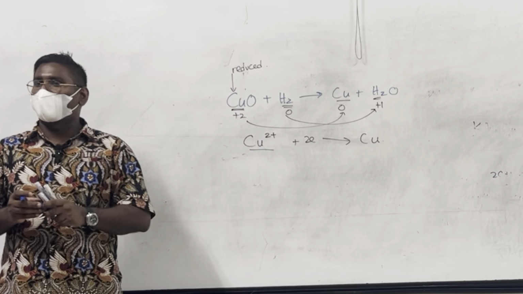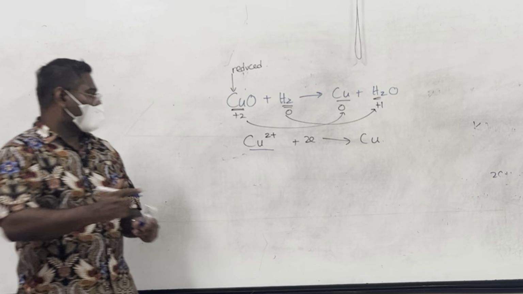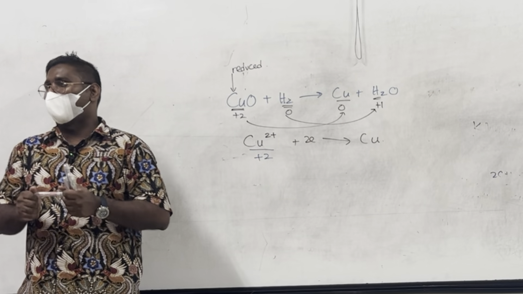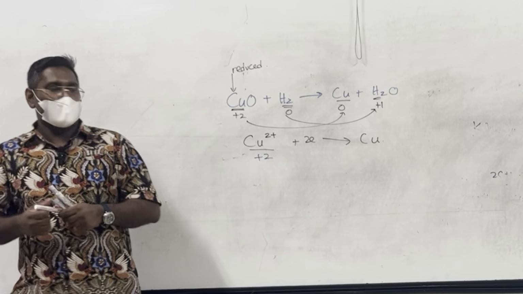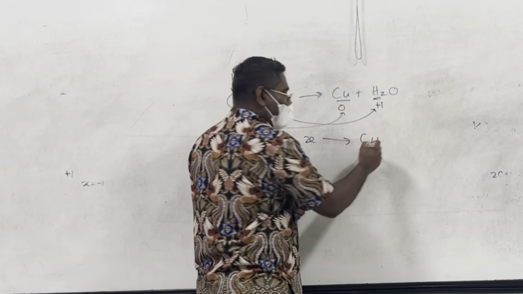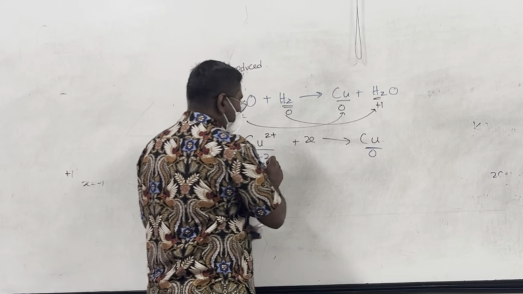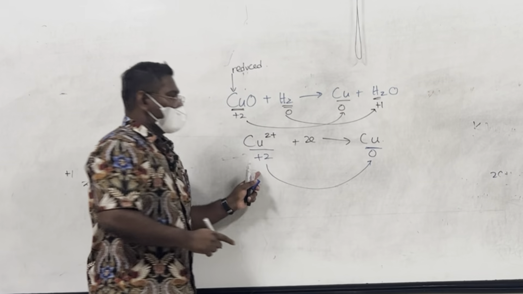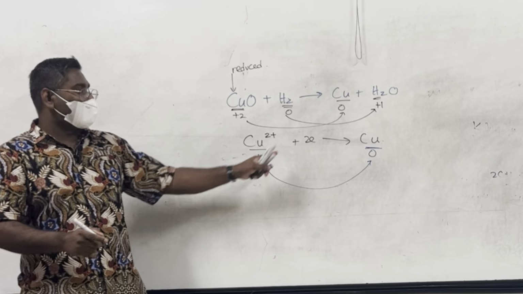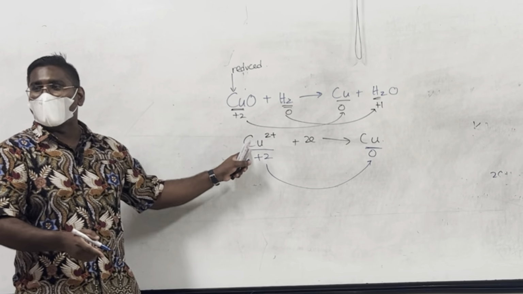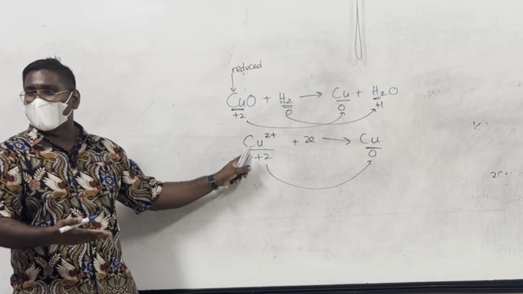Oxidation number of Cu2+? An ion will follow the charge of the ion, +2. What is the oxidation number of copper? 0. What happens? +2 to become 0. Reduce. Copper 2+ is being reduced over here.